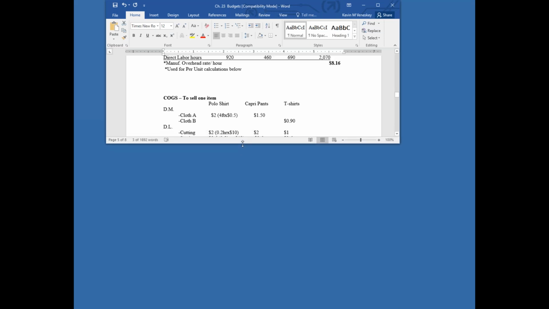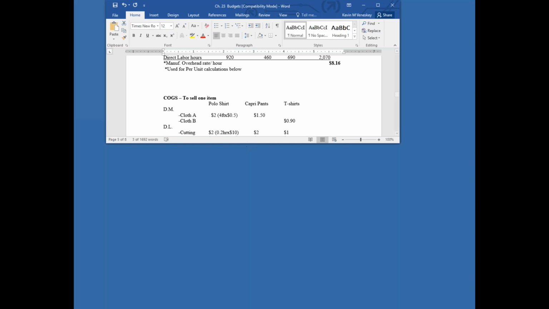Now let's go through the labor. I'll do the first one, you do the next one, because we only have 2 departments. We've got our cutting. It tells us for the cutting department, to make the polo shirt, it takes 2/10 of an hour for 1 unit. And it costs $10 an hour in total to pay my employees.